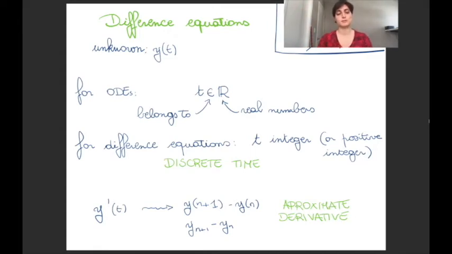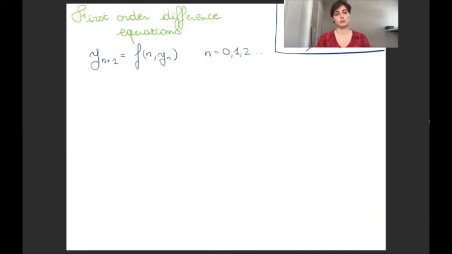When we look at first-order difference equations, we usually want to formulate them in this format: y_{n+1} equals f computed at n and y_n, with n a natural number, including 0.